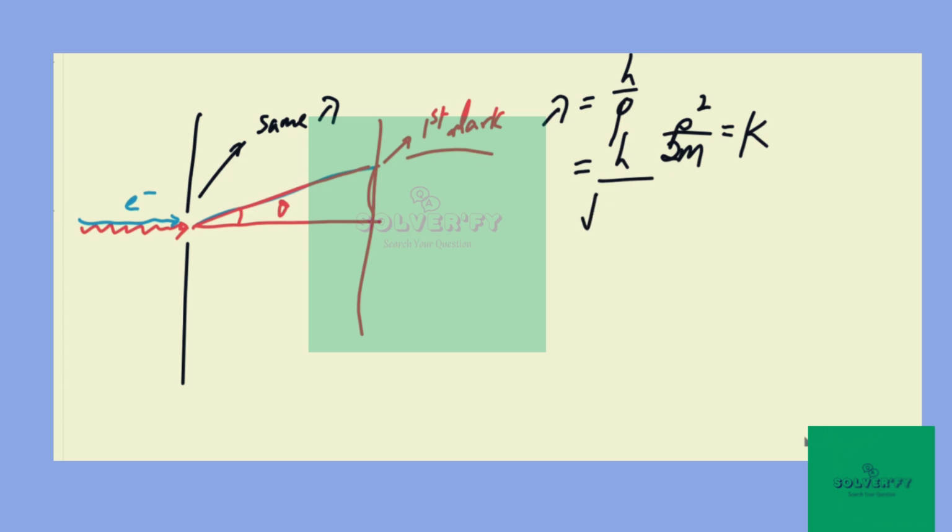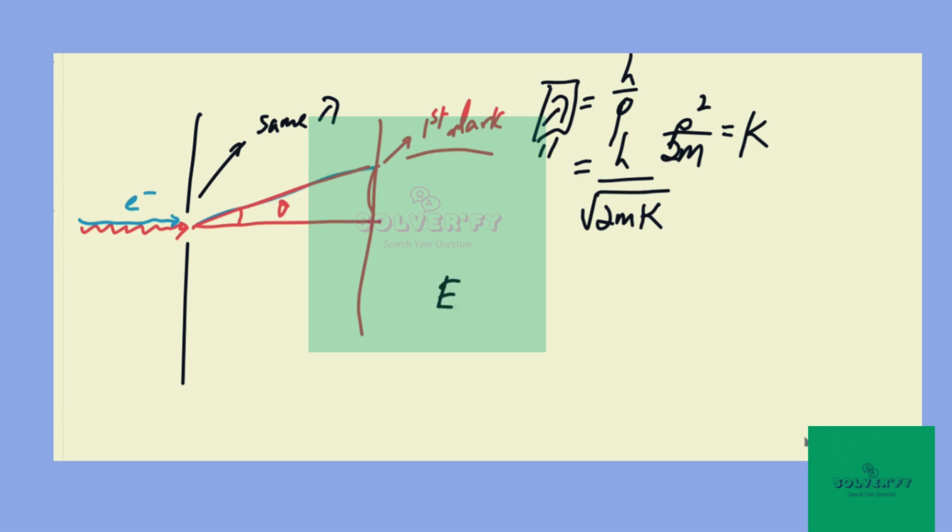So p is just the square root of 2m times kinetic energy. This h over the square root of 2m times kinetic energy is the wavelength of the electron and also the wavelength of the photon.